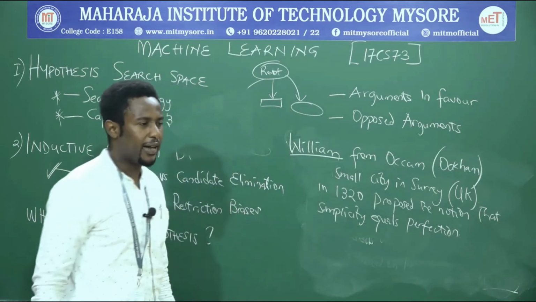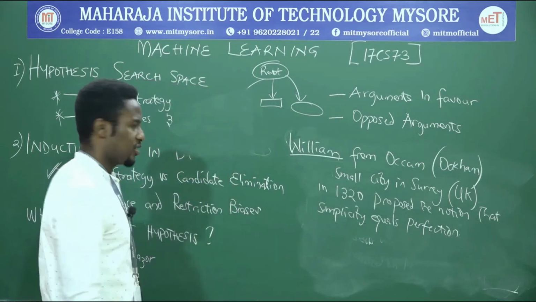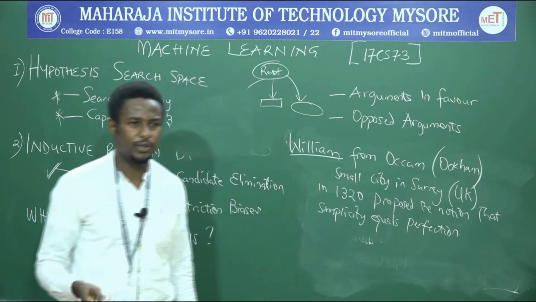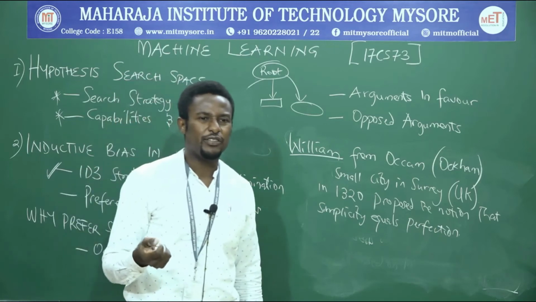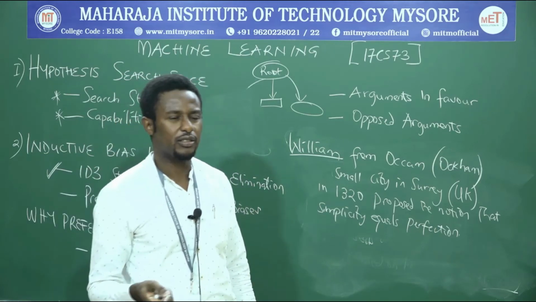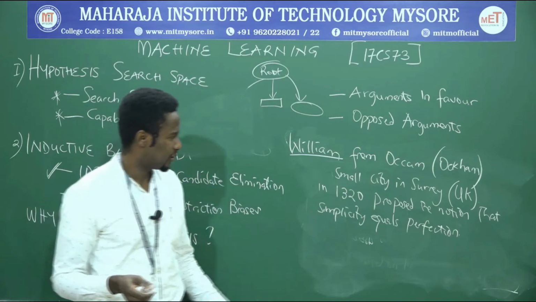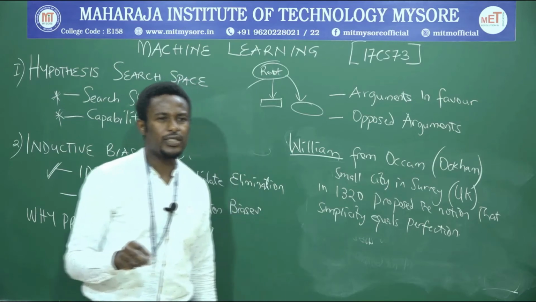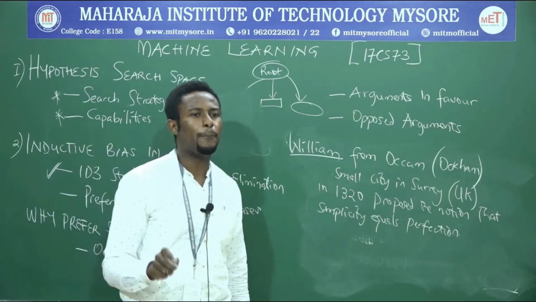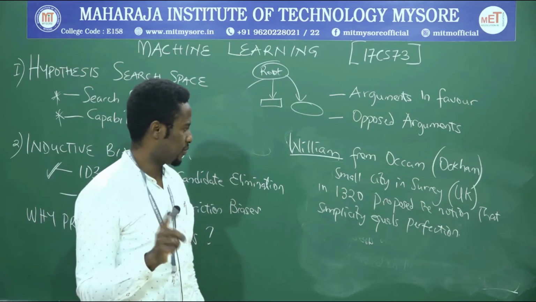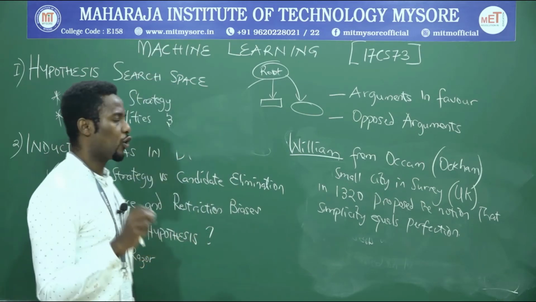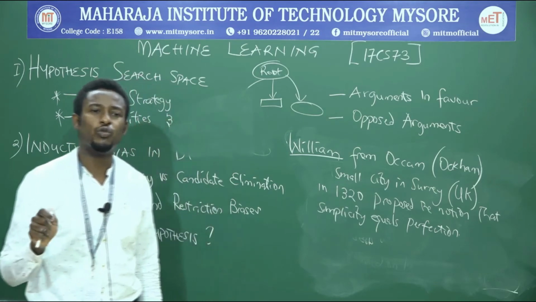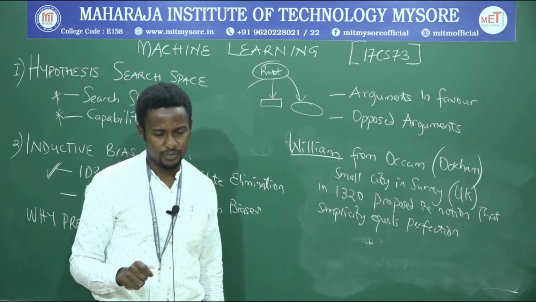Now, Occam's Razor is a problem-solving principle that simplifies the solution using just the simplest approach. It says that when presented with competing hypotheses to solve a problem, one should select the solution with the fewest assumptions.